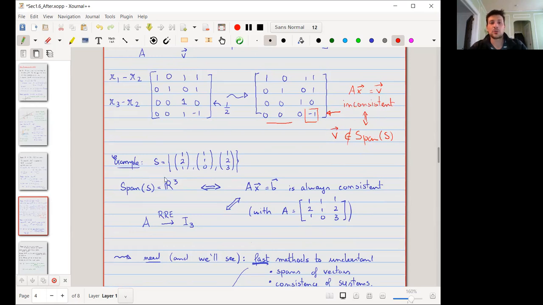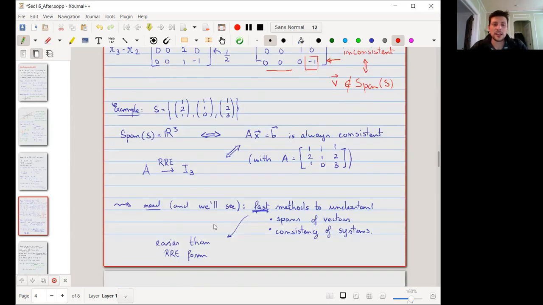In a similar spirit as what we just did in the previous example, if I give you a set with 3 vectors in it, then if you wanted to check that its span is equal to the whole R3, that's the same as saying that every vector in R3 is a linear combination of those 3 vectors in S, which is the same as saying that Ax equals b is always consistent when A is the matrix whose columns are the vectors of S. For that to be the case, we need the reduced row echelon form of A to be an identity matrix.